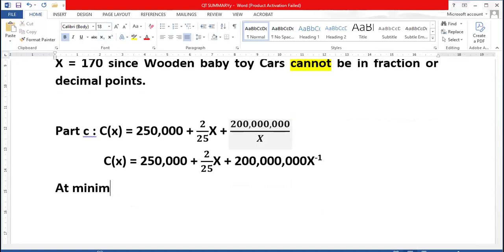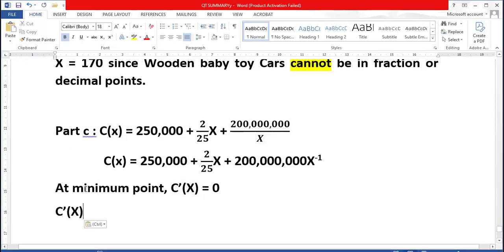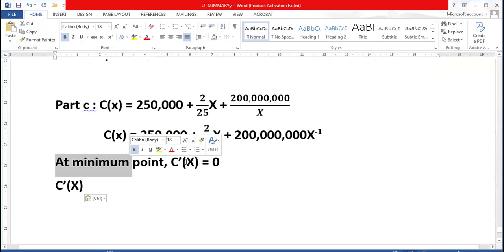So at minimum point or level, the first derivative of the cost function will be 0.